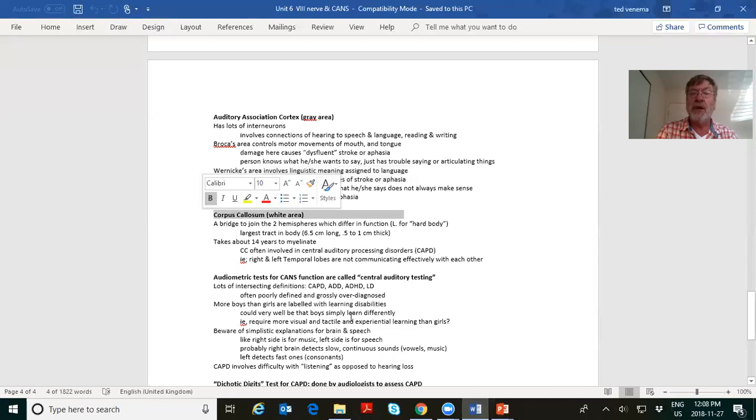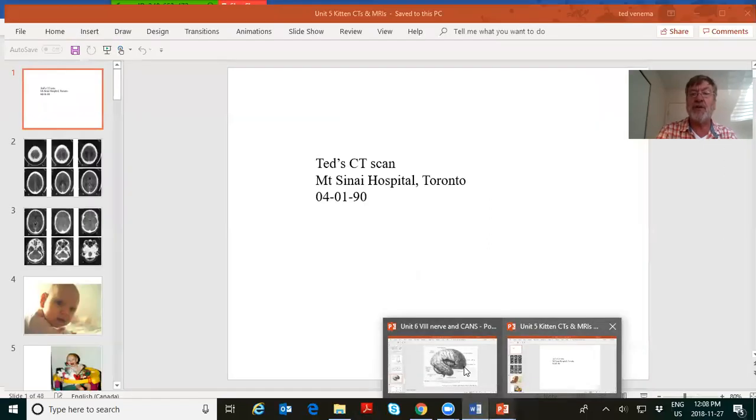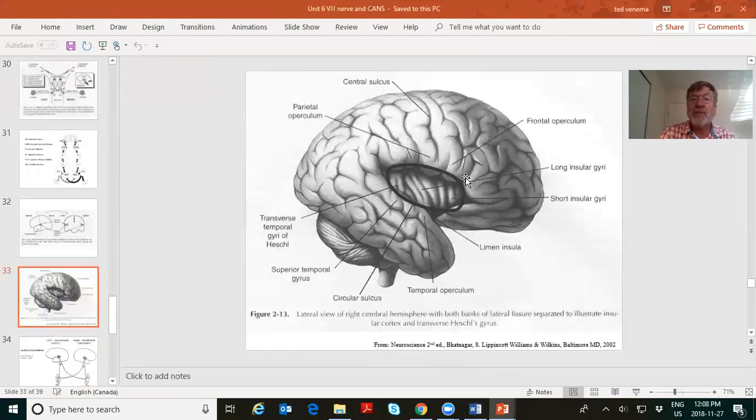And now we can move on. I just want to show you this slide here too. So look at this strip coming down here. That's called your central sulcus or fissure. The front side is your motor movements. So Broca's area, the mouth and tongue.